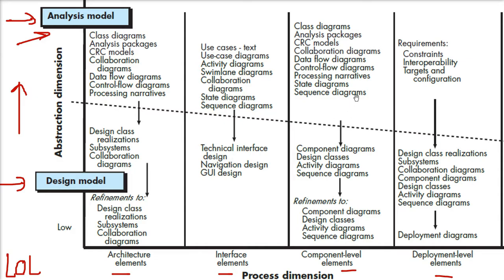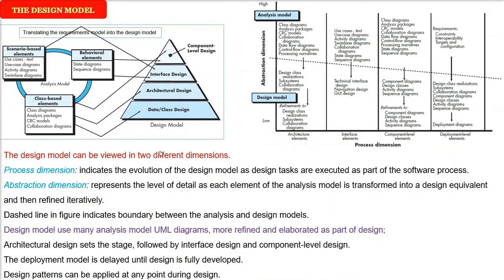Then coming to the component level: class, CRC model, collaboration diagram, all these you have made. But here you are refining them: the component diagrams, design classes, activity diagram, sequence diagram. Then finally, when you are actually going to install it somewhere, port it, you have constrained interoperability, targets and configuration. So you make the deployment diagrams.